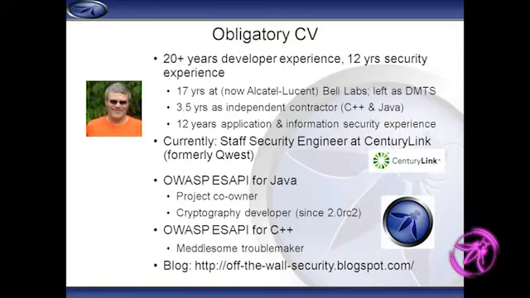The only major thing I'd add is that on the OWASP ESAPI project, so far I'm the only contributor who hasn't actually contributed any code. Personally, I like it that way because me and C++ don't get along too much. I also occasionally write a blog. Has anybody in here ever read my blog? That's good. You haven't wasted your time then.